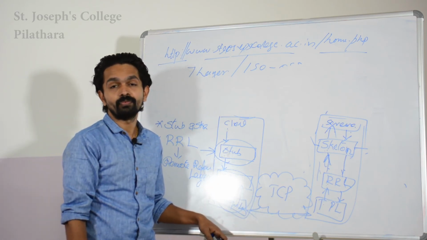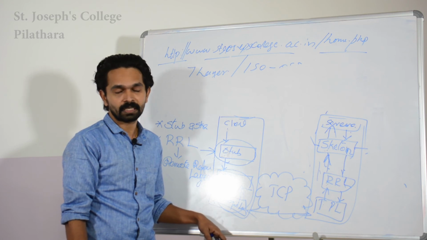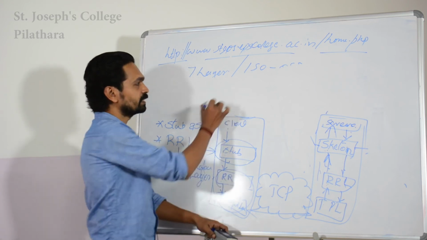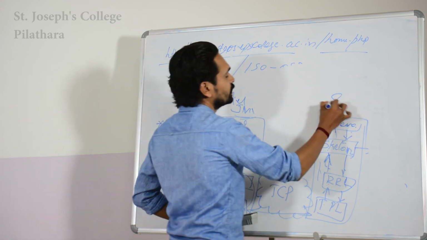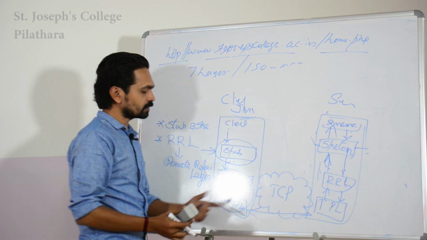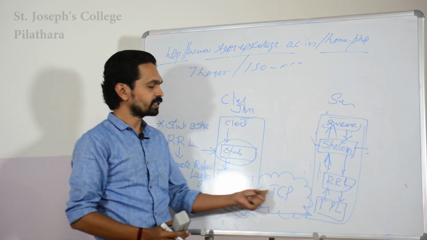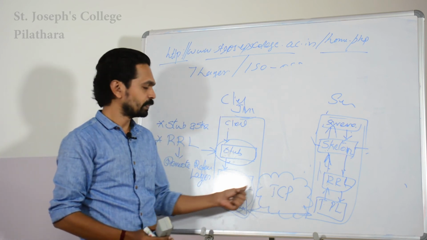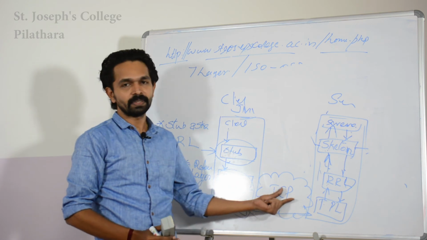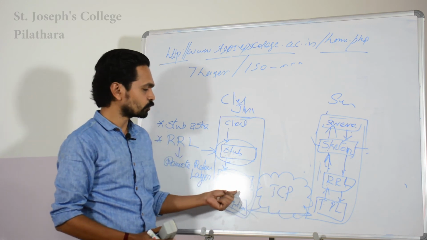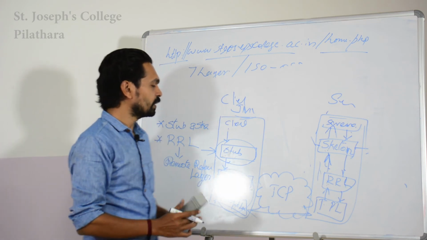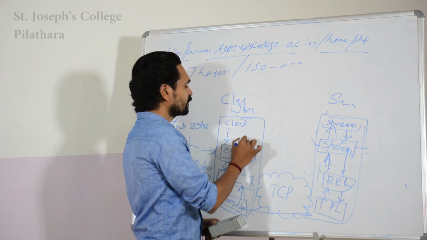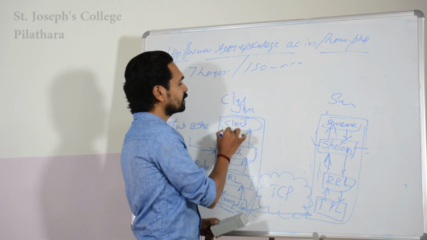The transport layer on the client side JVM, from the server JVM. That transport layer, with the help of whom? The TCP layer, transmission control protocol, sends it to the RRL and to the stub, which again writes to the client.